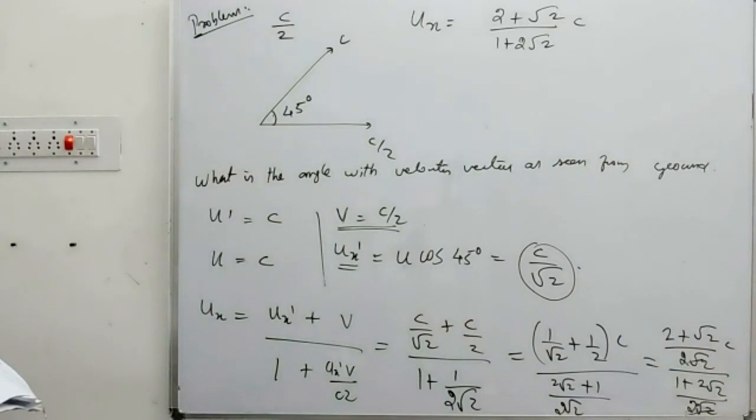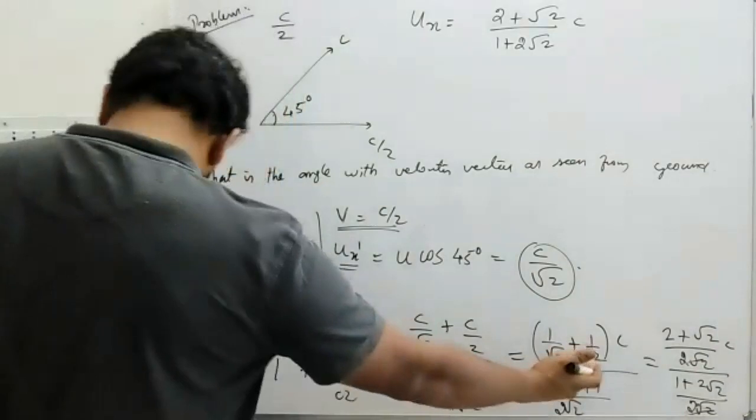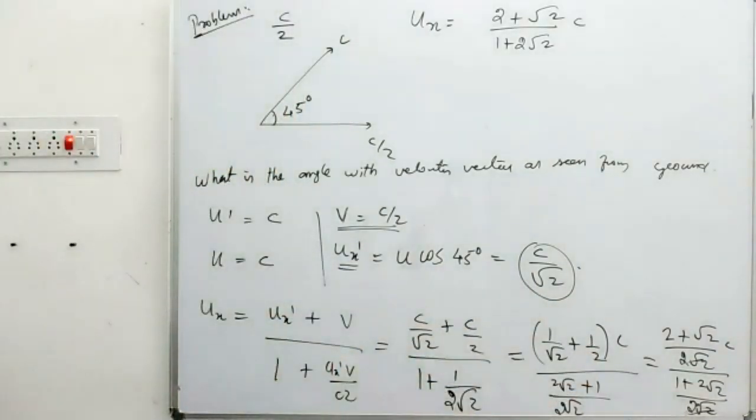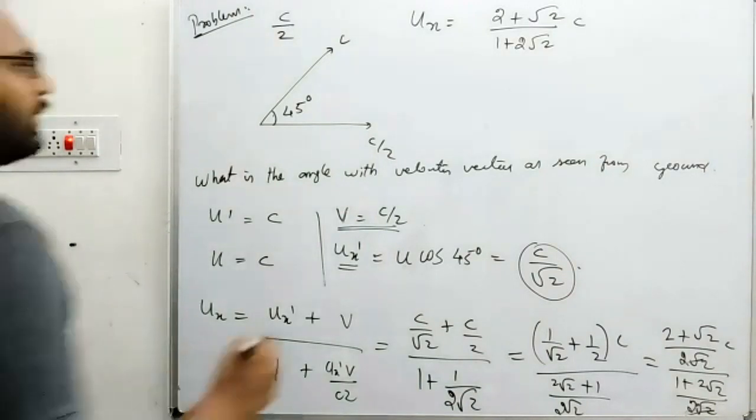Can you check whether this calculation is correct? This part is correct. Just see if the addition is correct. So it's c multiplied by (1 by root 2 plus 1 by 2) divided by (1 plus 1 by 2 root 2). I think that's correct, right?